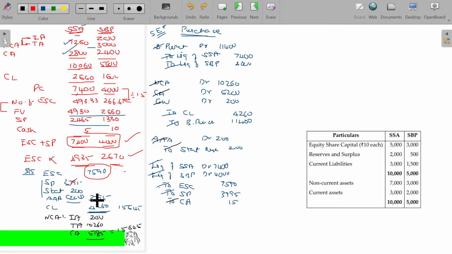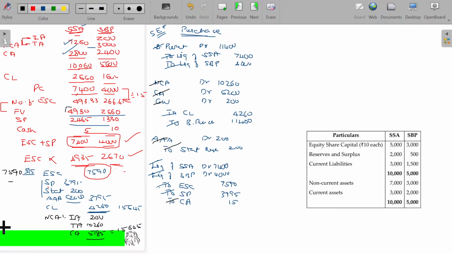You just remove the 3,795 from the securities premium and remove the securities premium in equity share capital. See how this will appear. If I remove the securities premium, what is the face value? Come on. This is 7,590. Securities premium being dash. This will be 0 only.